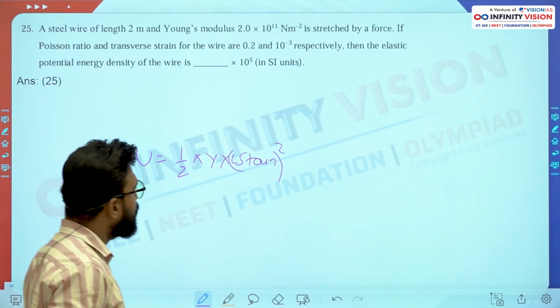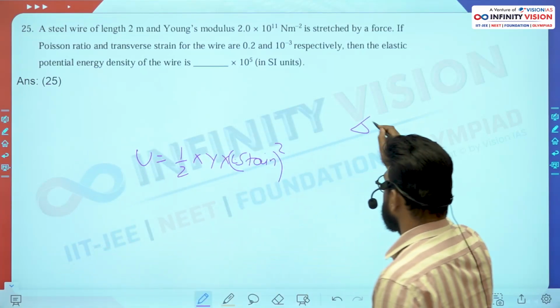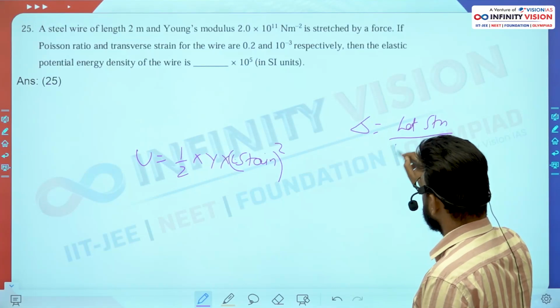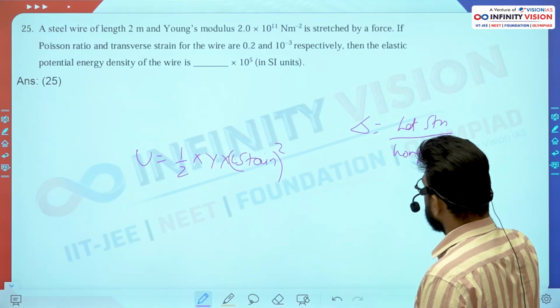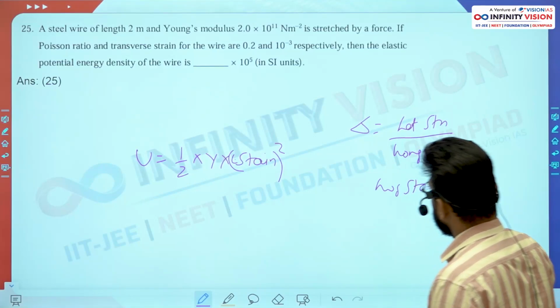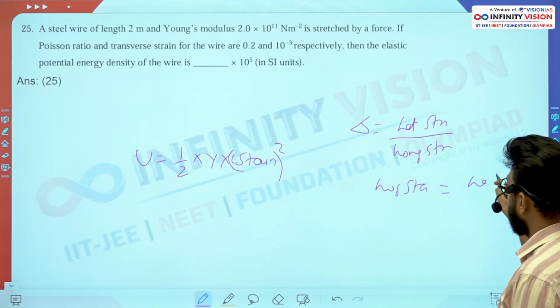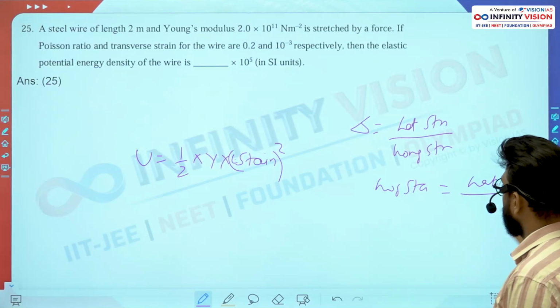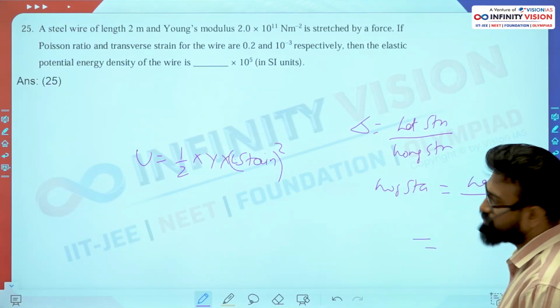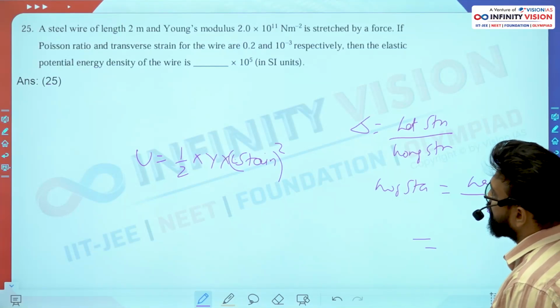Poisson's ratio is the ratio of lateral strain to the longitudinal strain. So the longitudinal strain is lateral strain divided by sigma. Lateral strain, which is also called transverse strain, is already given to you.